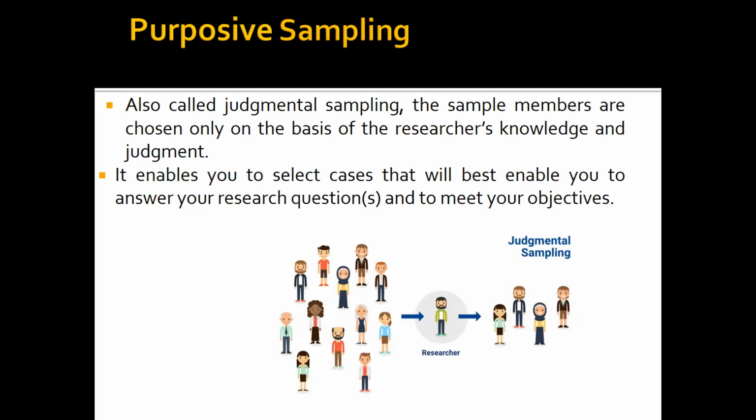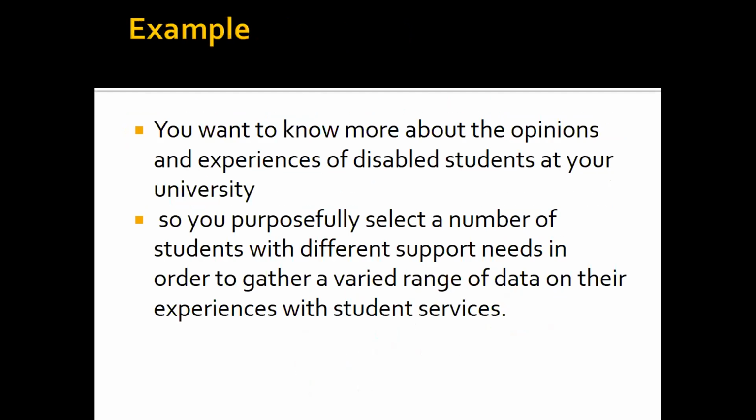So your first criterion is 10th pass. Another criterion is representation of both males and females. So you have a set of people who are actually meeting your criteria of study, 10th pass, males and females. In this manner, the judgmental sampling technique takes place.